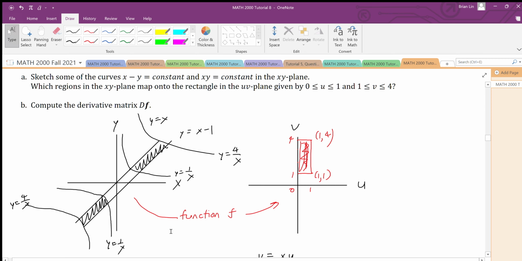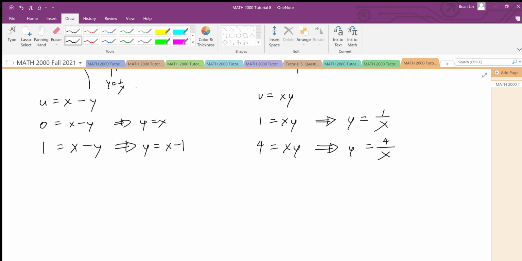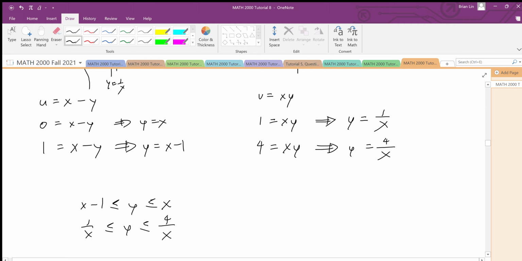More specifically, if you want to get all algebraic, it would be like this. It's the intersection of the diagonal strip x minus 1 is less than or equal to y less than or equal to x with 1 over x less than or equal to y less than or equal to 4 over x.